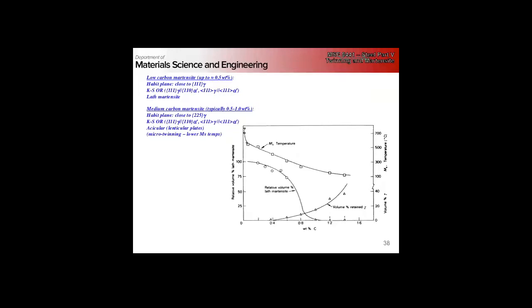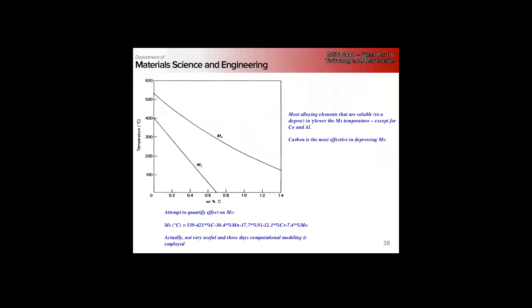We also can get some acicular, lenticular plates. Once we go to higher carbon, our orientation relationship shifts to close to Nishiyama-Wasserman, and our habit plane moves to the 259. And now we're completely twinned martensite, and we get these big lenticular plates.